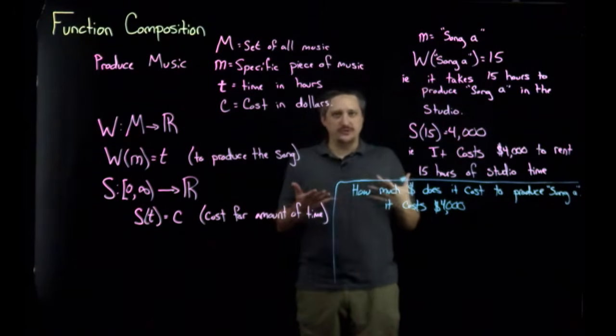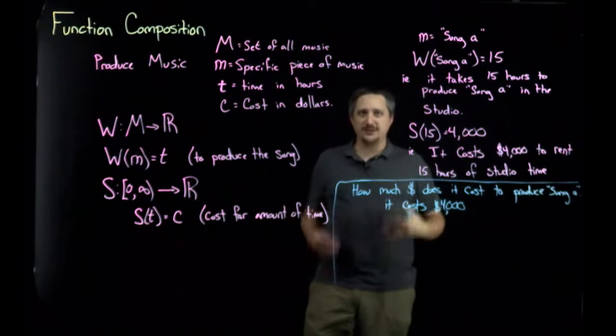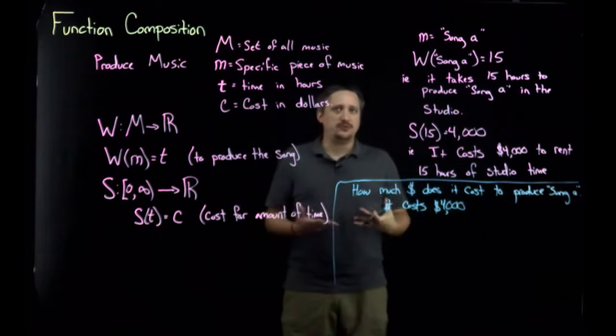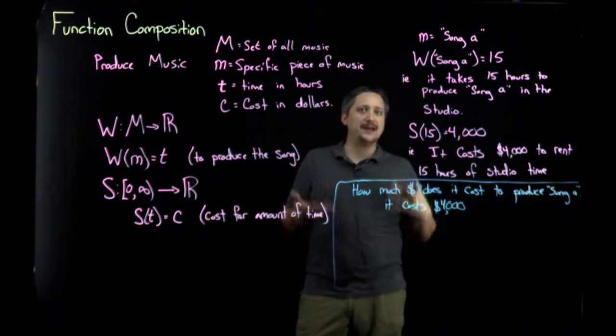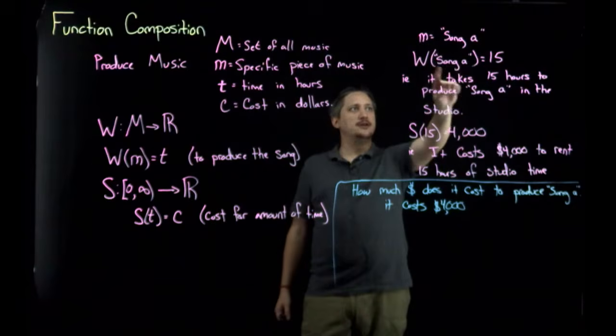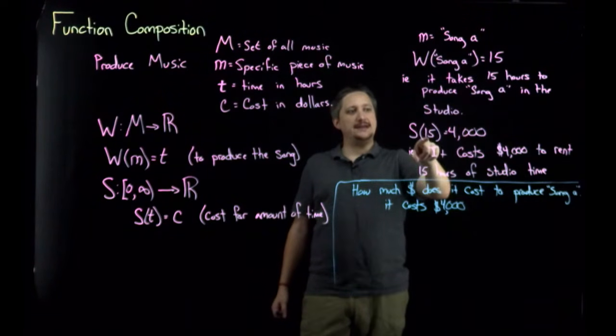So that's what we did conceptually. That was thinking our way through, the numeric model type of approach. But mathematically, what did we do? We had one function that went from the song to t, and then we could take the t and put it in here to get the answer we wanted.